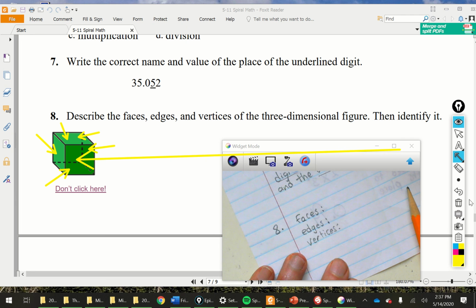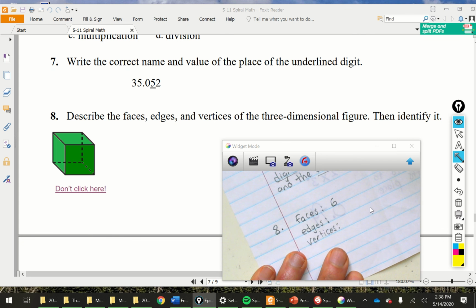All these flat faces are the faces. Now when I counted them all up, let me count them up. I've got 1, 2, 3, 4, and then in the back is 5, and the other one here is 6, so I have 6 faces.